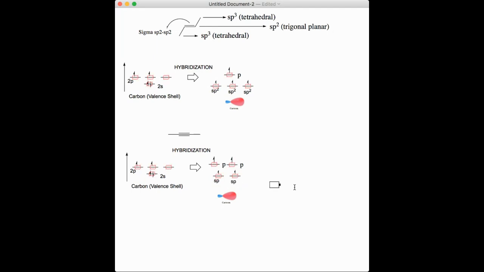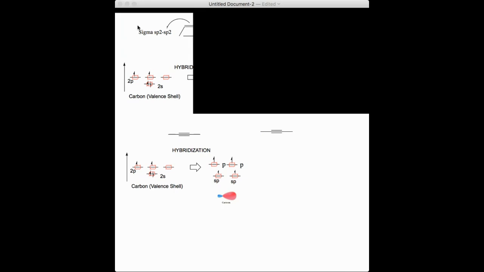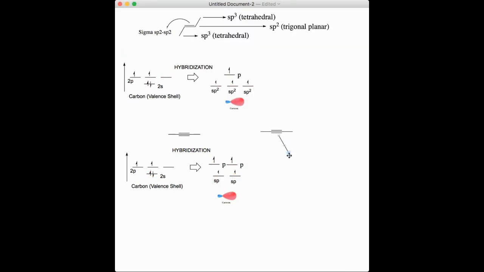And the sp hybrid orbitals will be the ones that will be used for the bonding. So whenever you have a molecule with a triple bond, the sigma bond in this triple bond from each carbon will be the result of sigma sp sp.